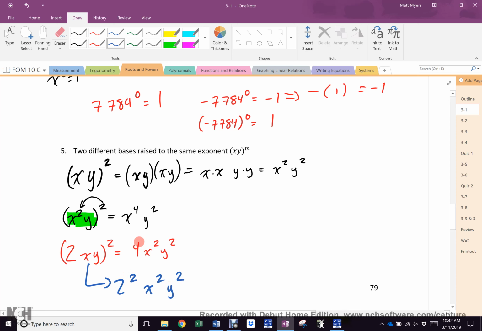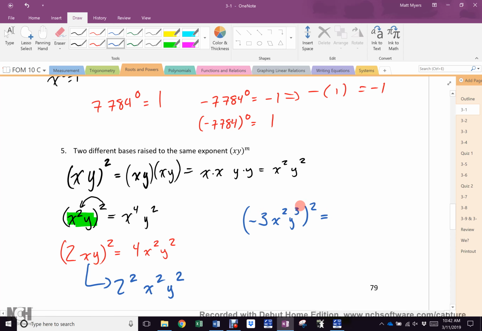Everybody good? Yeah? Okay, so then what would negative 3x squared y cubed all squared be? There it is. The first person to do what I said would happen.